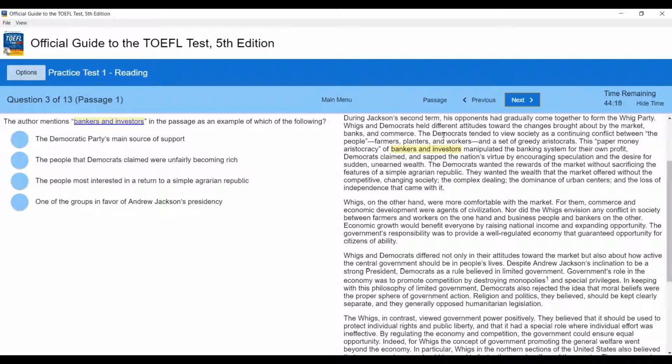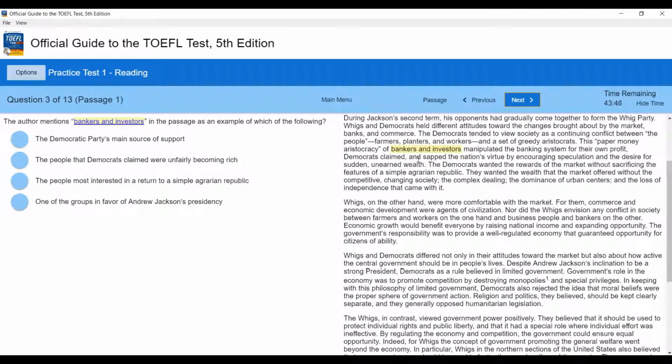So that Democrats tended to view society as a continuing conflict between the people, farmers, planters, workers, and a set of greedy aristocrats. This paper money aristocracy of bankers and investors manipulated the banking system for their own profit, Democrats claimed, and sapped the nation's virtue by encouraging speculation and the desire for sudden unearned wealth.